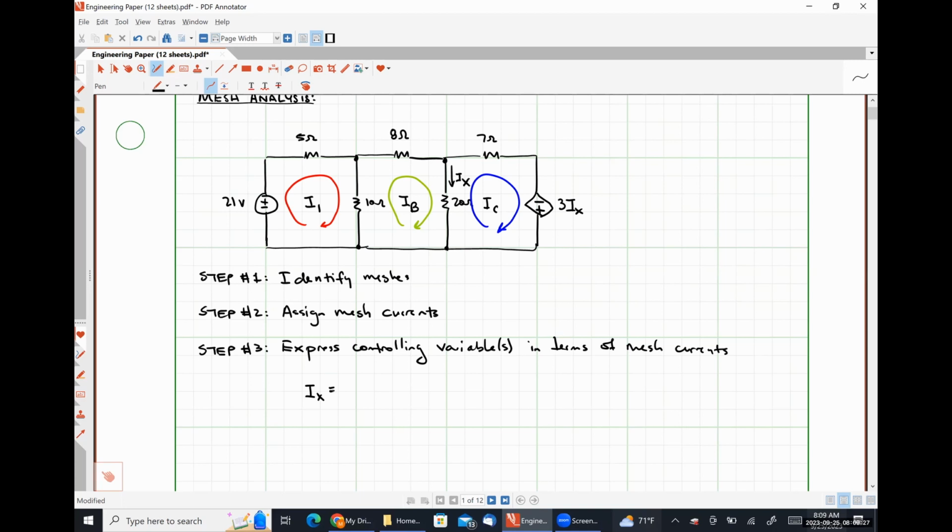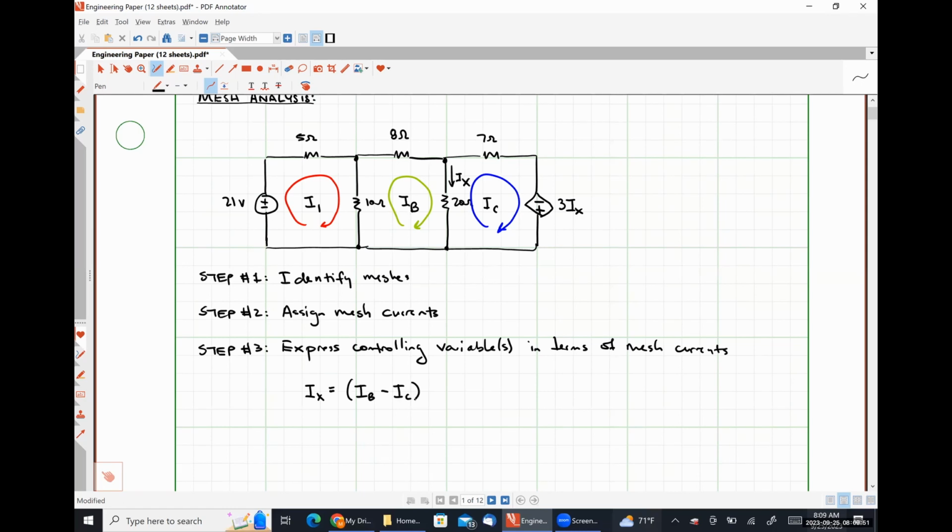So which of our three mesh currents is in the same direction as IX as it goes around its clockwise path? IB, okay? So IB is going to get a positive sign. Which of the mesh currents is in the opposite direction of IX as it flows around its clockwise path? IC. So we're just going to have IB minus IC.